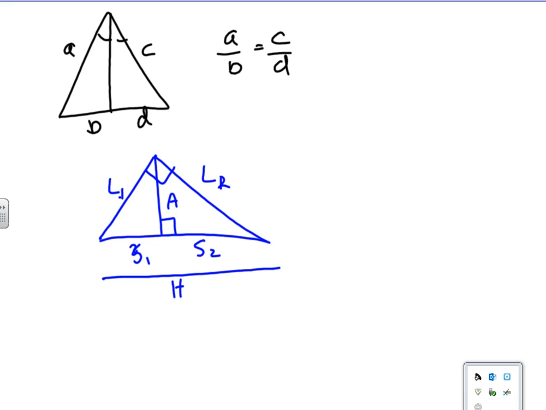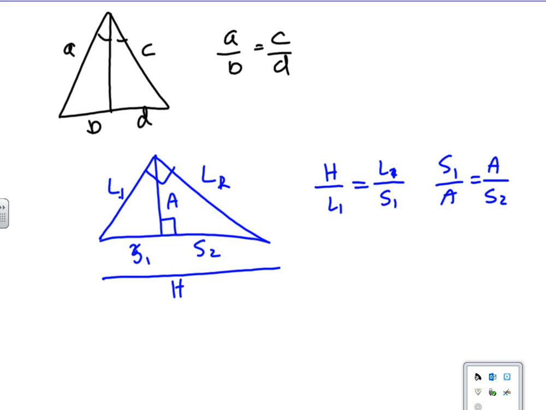My suggestion would be that this is something you might want to write down on your test paper, because it's helpful to see this. And so then the proportions are: hypotenuse over leg 1 equals leg 1 over side 1, and side 1 over the altitude equals the altitude over side 2.